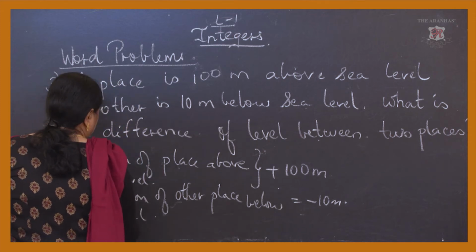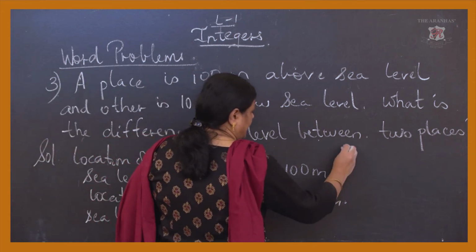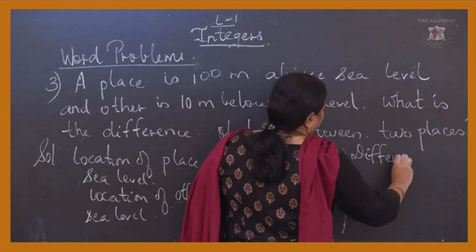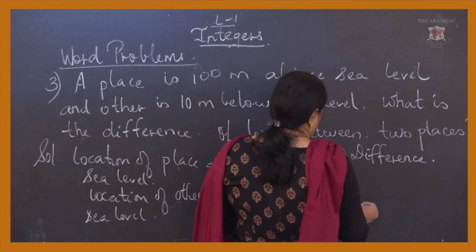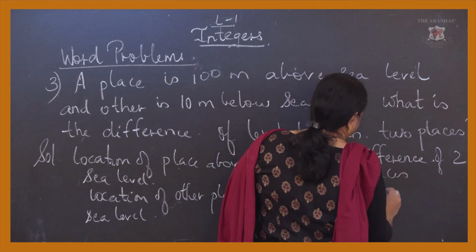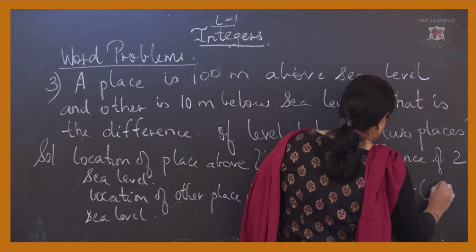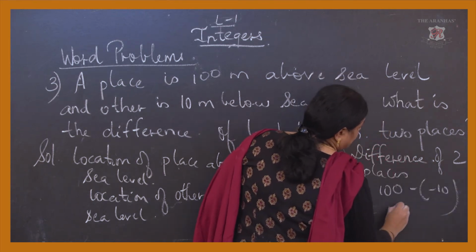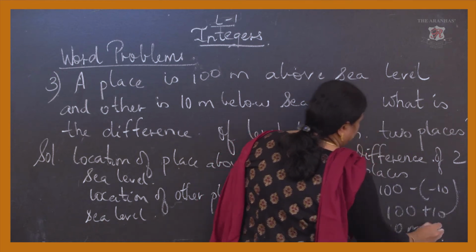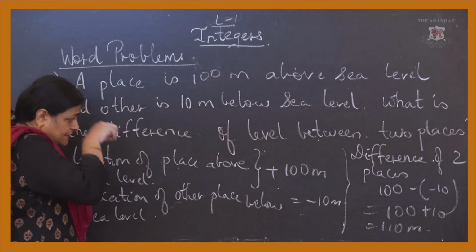Okay, so now here you have to find the difference of the two places. That will be 100 minus of minus 10, which will be 100 plus 10 will give you 110 meters.